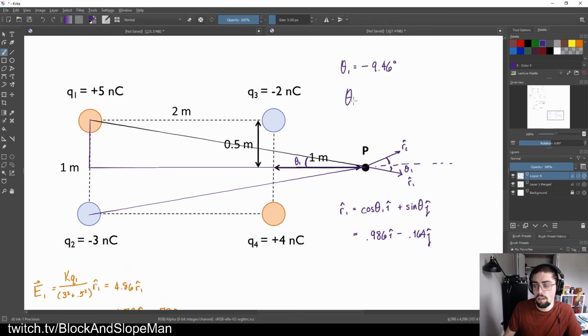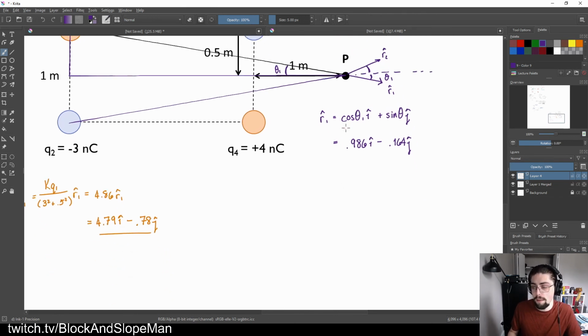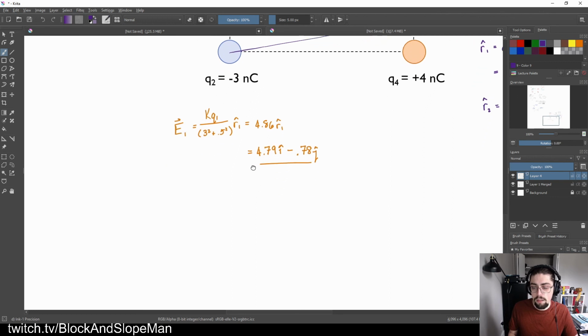Theta 2, just going counterclockwise now, is going to be positive 9.46 degrees. And if it's positive 9.46 degrees, I don't even have to recalculate these individual values either. I can just say, R2 hat is going to be 0.986 I hat plus 0.164 j hat. Makes that whole thing a little bit easier to deal with.